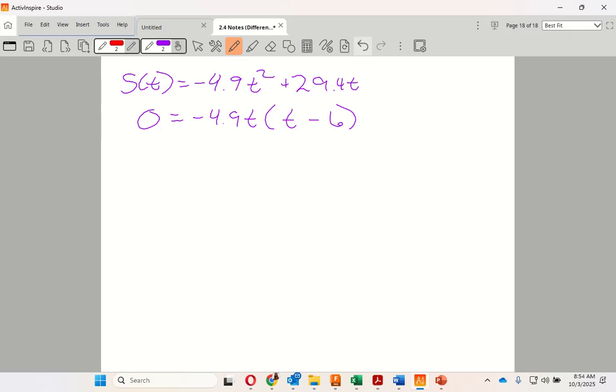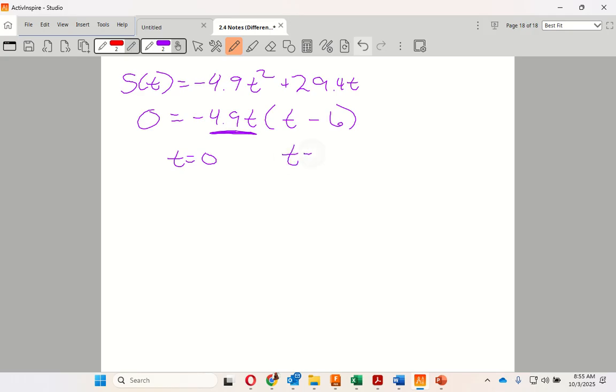Now, by factoring it, it's going to make my life really easy. Zero product rule means anything times 0 gives me 0. So to make this true, the first one, I get t equals 0. If t is 0, anything times 0 is 0, that makes it true. What would make the second one equal to 0? 6.